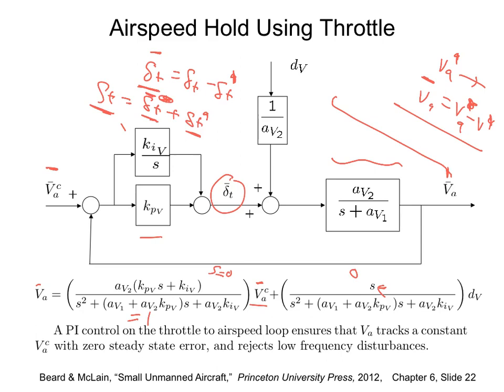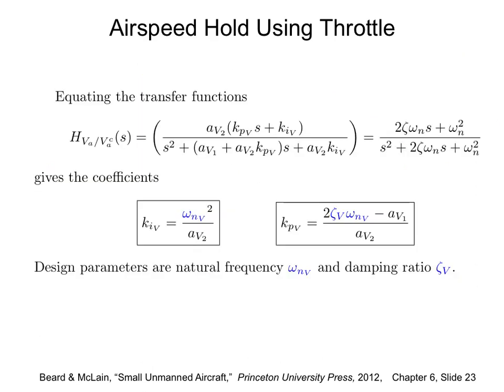Then again, how do we compute Kp and Ki? By comparing coefficients with this desired equation. So now you have to choose omega n V and zeta V here, because this is again the inner loop. There is no outer loop here.